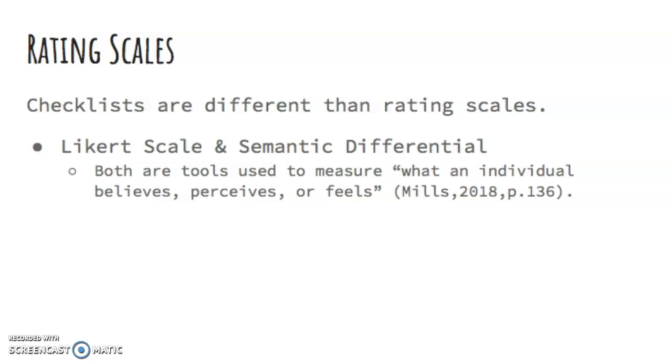Whereas a rating scale, like a Likert scale or a semantic differential scale that was mentioned in the book and the other readings, measures what an individual believes, perceives, or feels on some sort of continuum, meaning that when a teacher or an observer or a student or a parent or whomever is completing these rating scales, it's done on a numerical rating scale from, for example, 1 to 5.